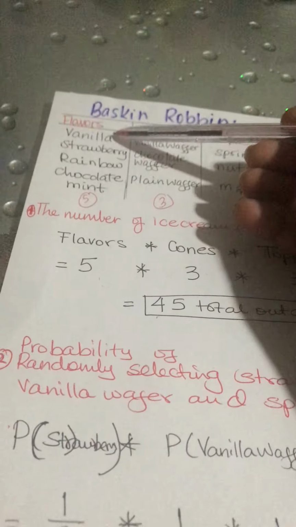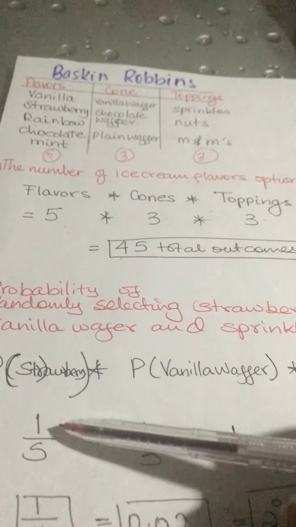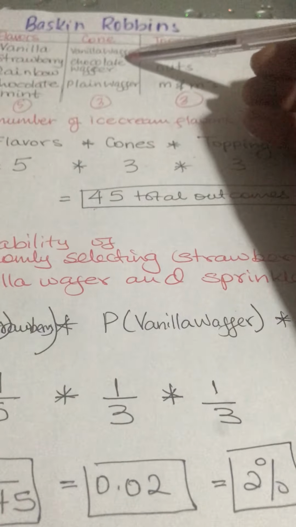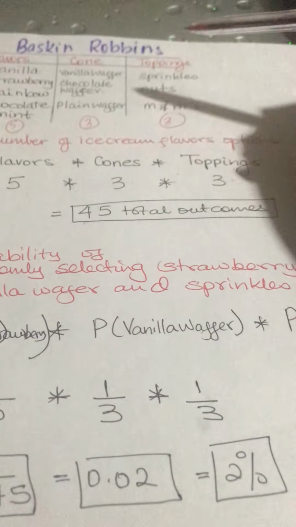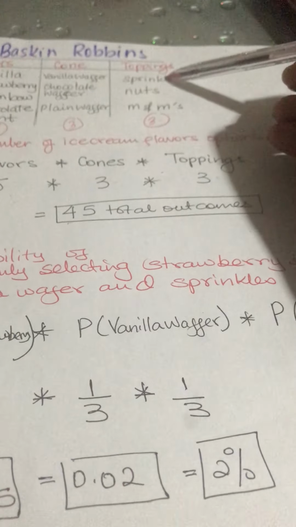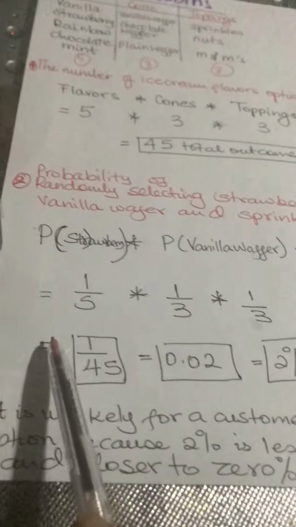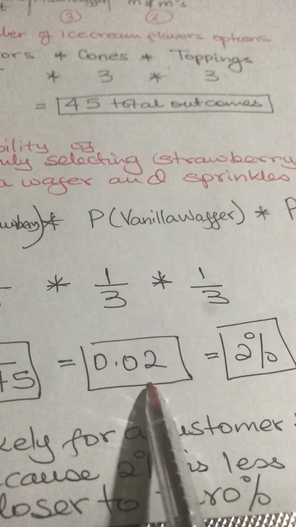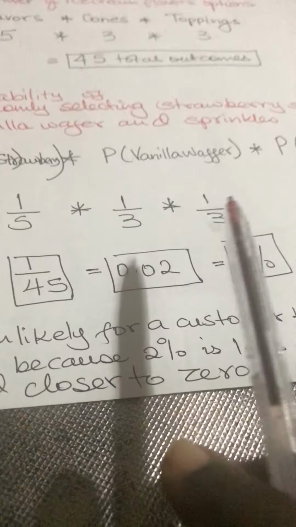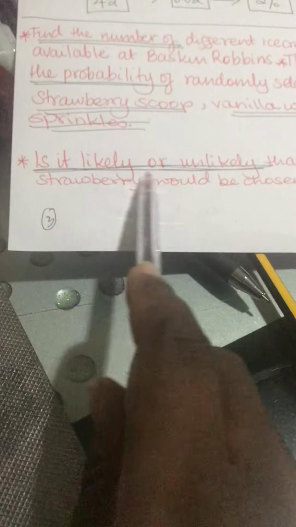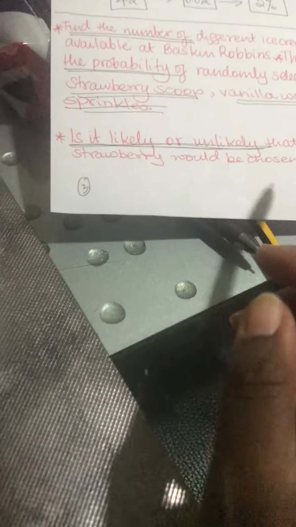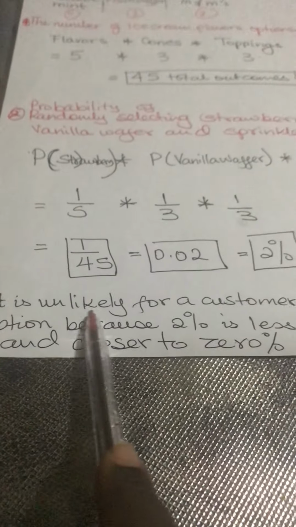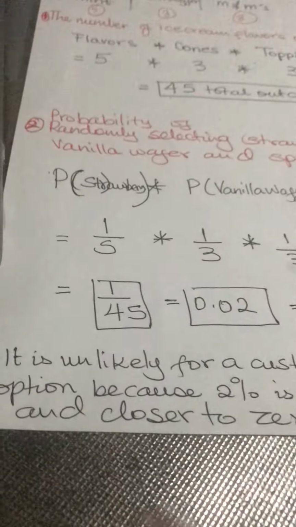How many strawberries do you have here? 1 out of 5. How many vanilla wafers? You have 1 out of 3. How many sprinkles? You have 1 out of 3. Then you multiply. I got 1 out of 45. I change it to decimal, and then I change it to percent. Then I need to answer this. Is it likely or unlikely? Now, since my number is 2%, I wrote, it is unlikely. Well, I should write very unlikely.